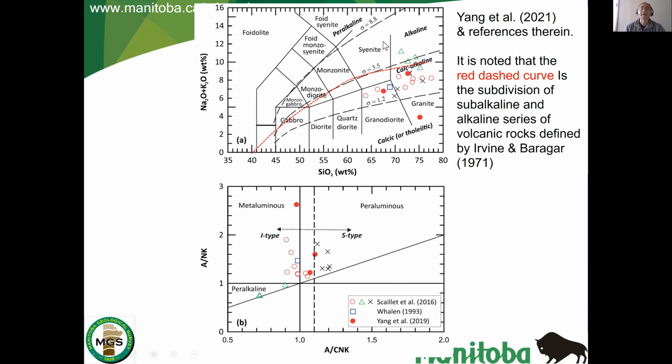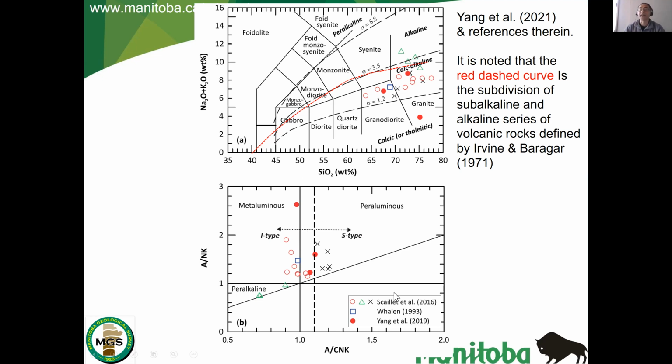This is based on the Rittmann series index method. And you can also see the red line, that is the curve subdividing the subalkaline and alkaline series of volcanic rocks defined by Irvine and Baragar in 1972. That mostly overlaps with the line of sigma equals 3.5. Below that is the subalkaline, and above is alkaline rocks.